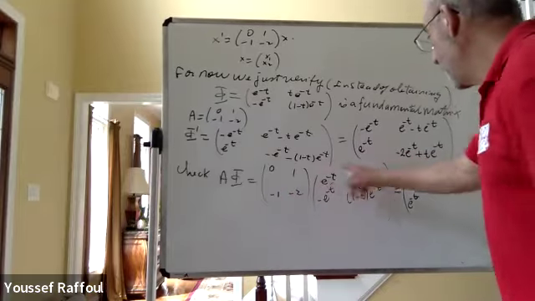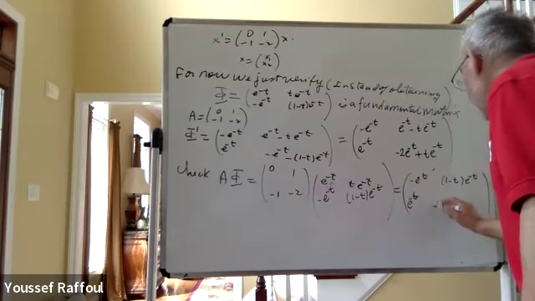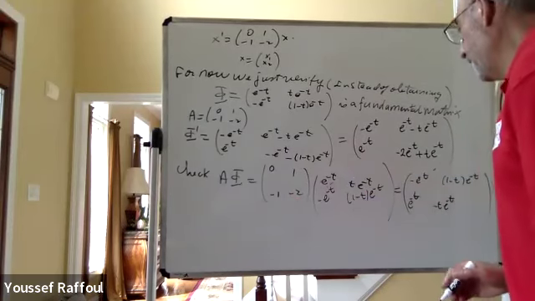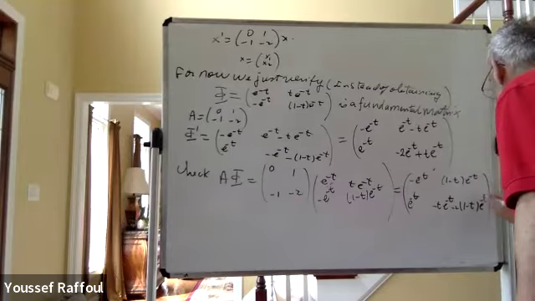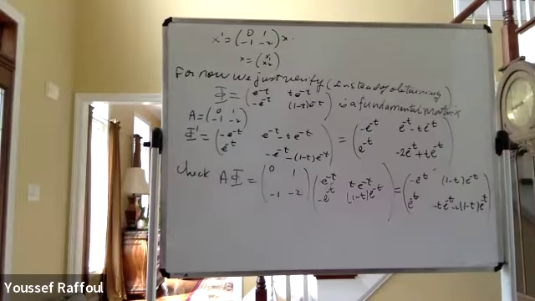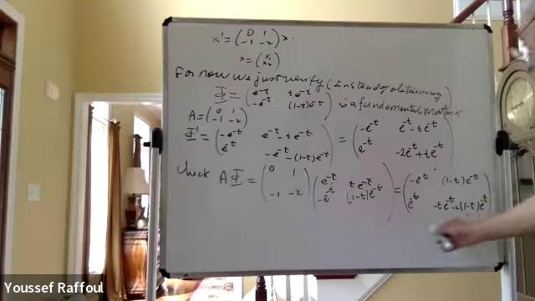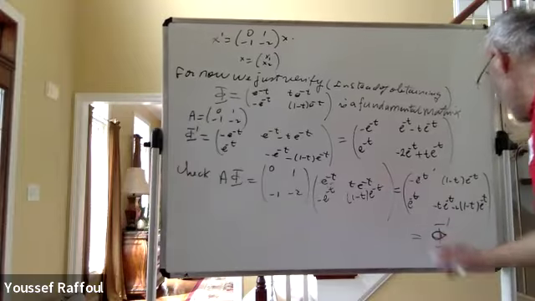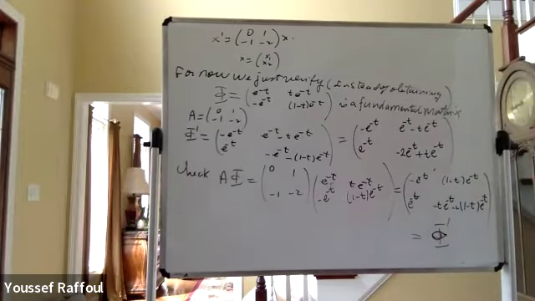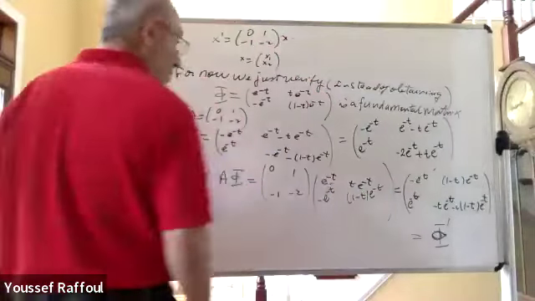And then if you multiply this together, will be minus t e to the minus t minus 2, 1 minus t e to the minus t. And you can see that minus t plus 2t, that will give you t, and minus 2. So this is phi prime. Okay? So we have shown phi prime equal A phi.